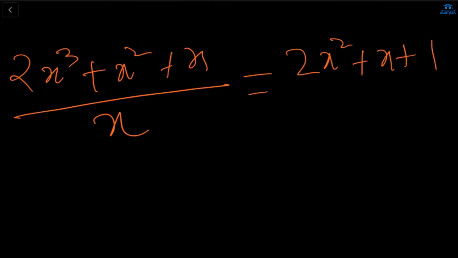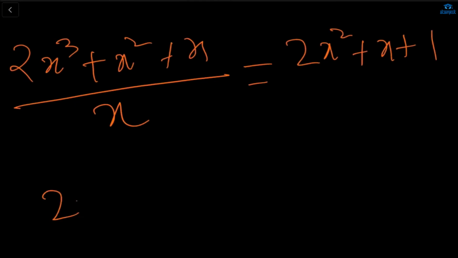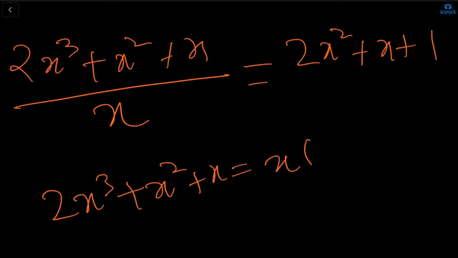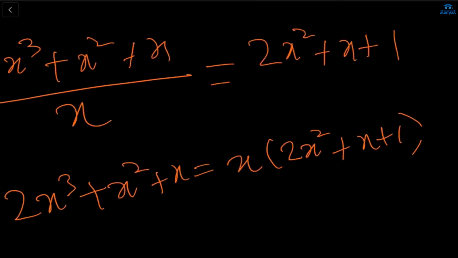Very good. So it means that you can write 2x cube plus x square plus x as x multiplied by 2x square plus x plus 1. Am I right? So x divides 2x cube plus x square plus x. So that means x is a factor of 2x cube plus x square plus x. And in fact, 2x square plus x plus 1 is also a factor of 2x cube plus x square plus x.